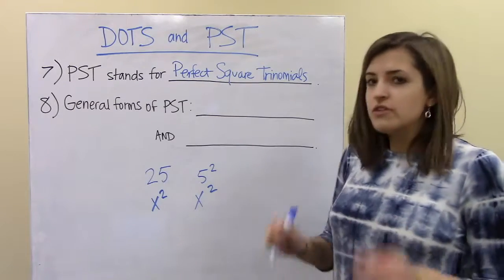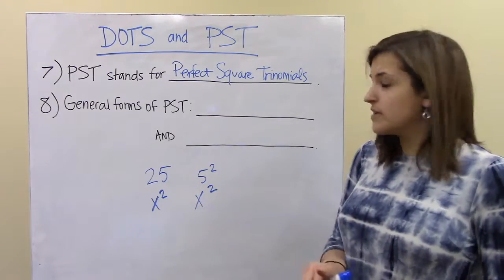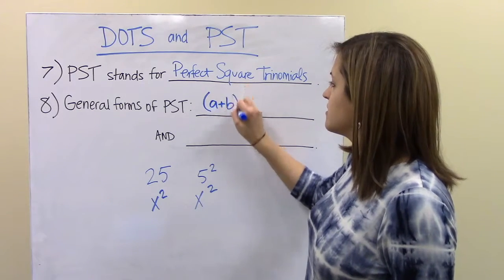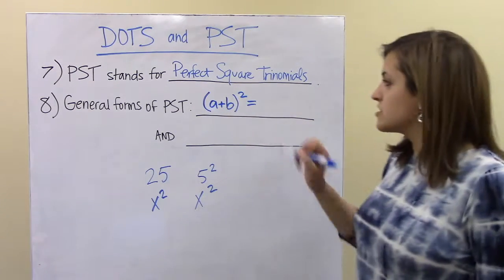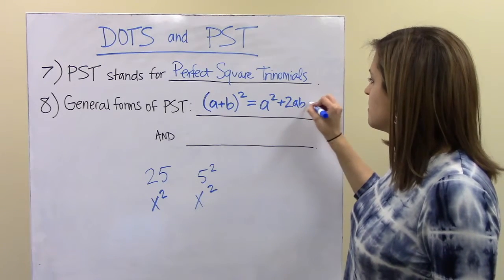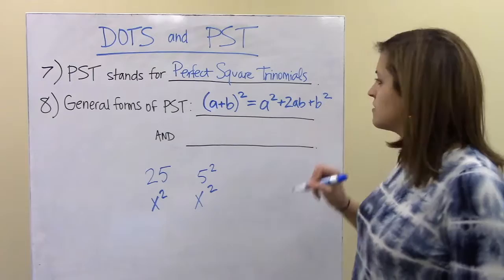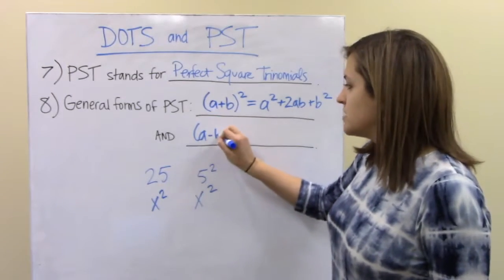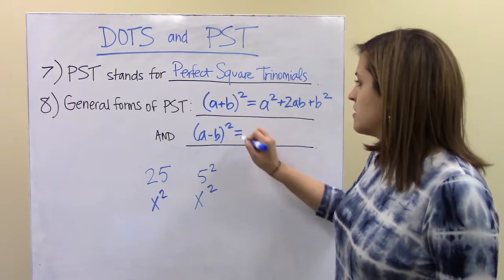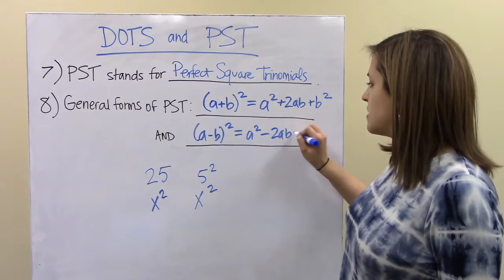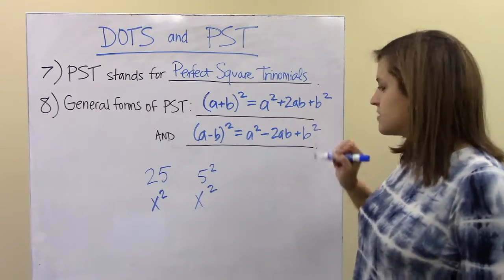So the general forms of a perfect square trinomial are a plus b all squared, which looks like a squared plus 2ab plus b squared. And the other form we could have is a minus b all squared, which equals a squared minus 2ab plus b squared.